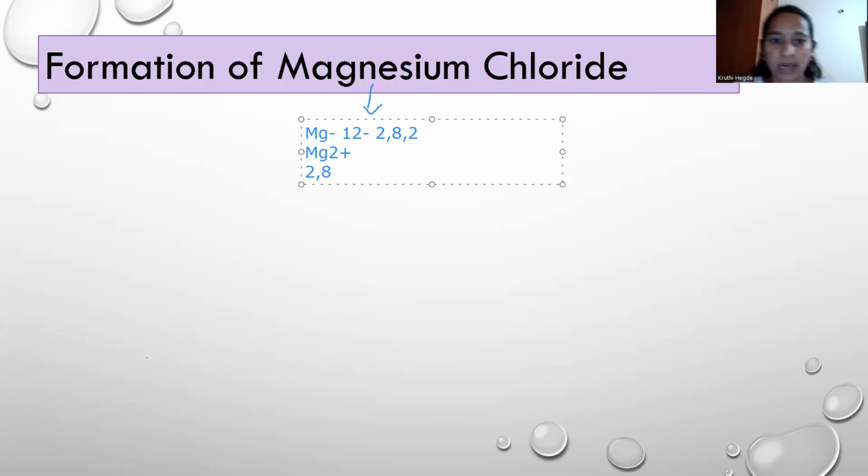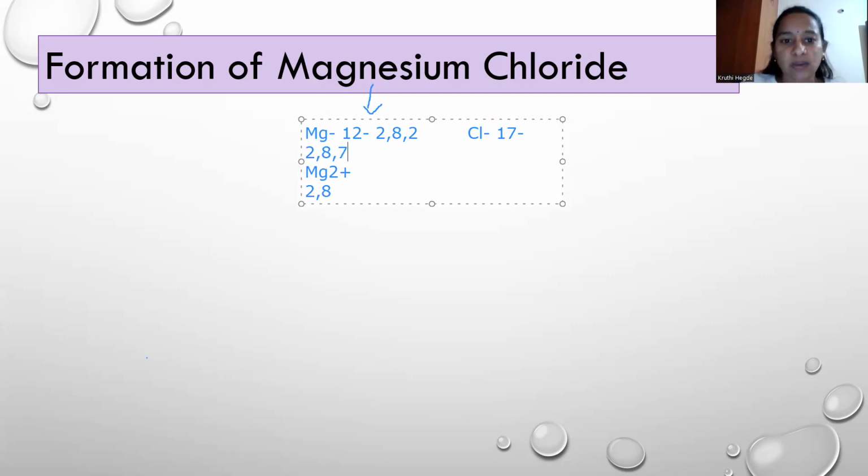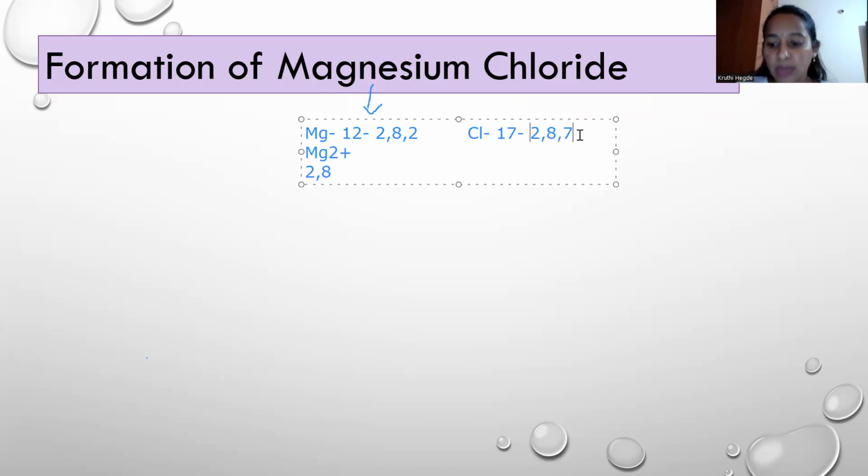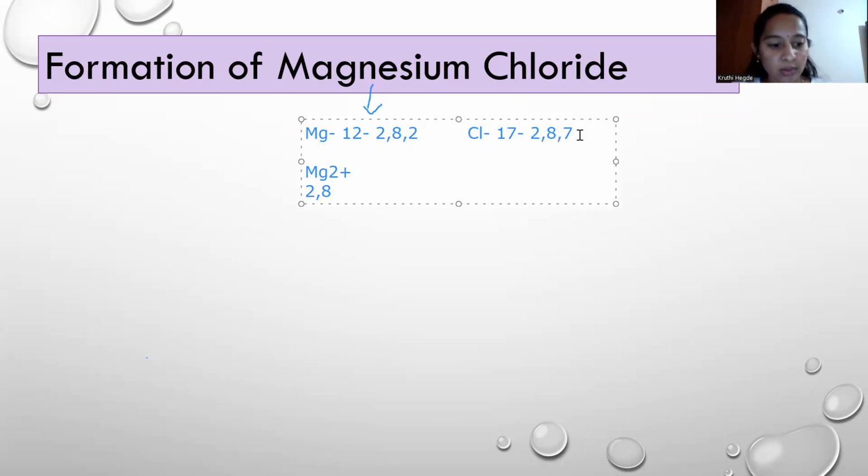Similarly, chlorine, if we see, Cl with the atomic number 17, its electronic configuration will be 2, 8, 7. So now chlorine will gain an electron.